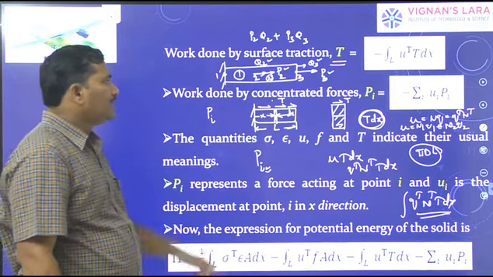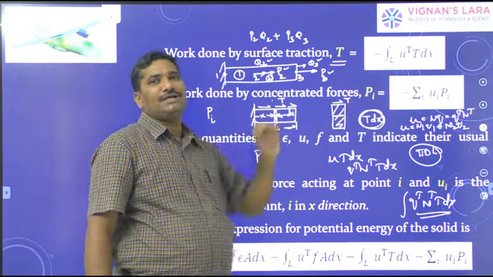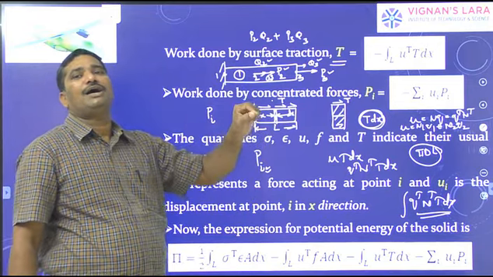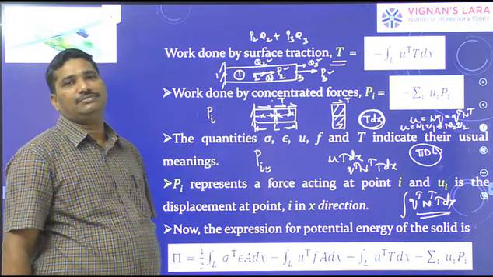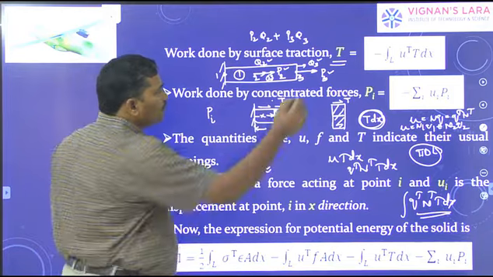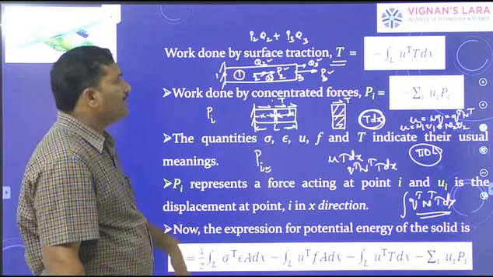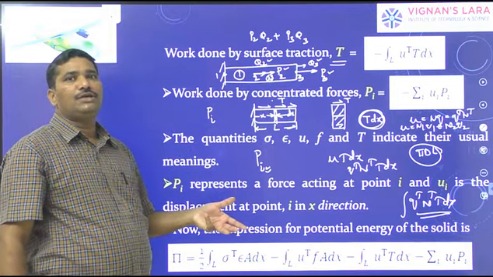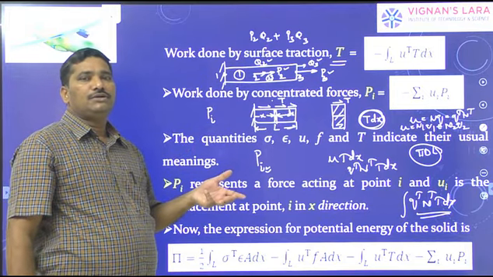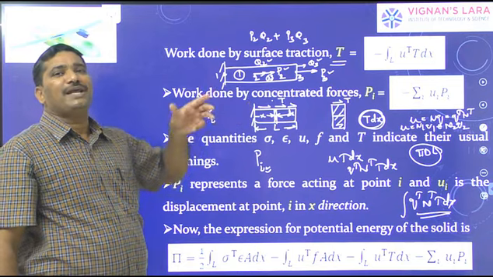Okay. So here, Ui represents the displacement at node i. That is what I understand. The displacement at node i is simply the nodal displacement.